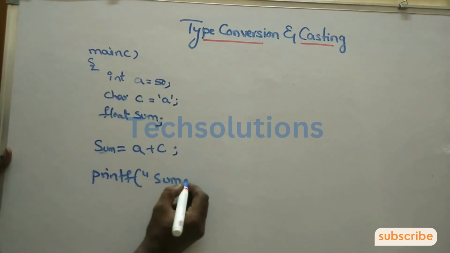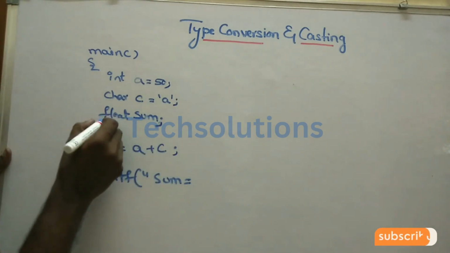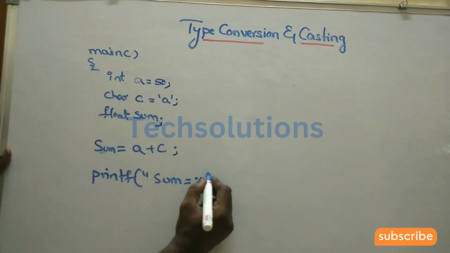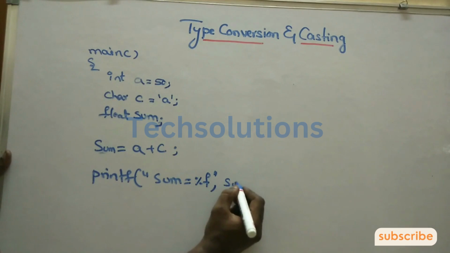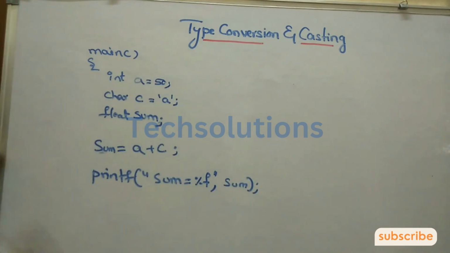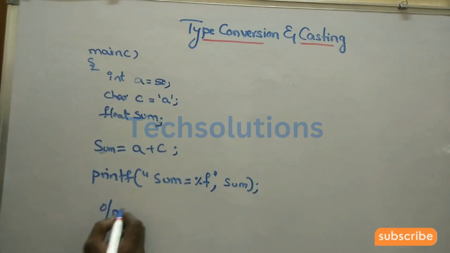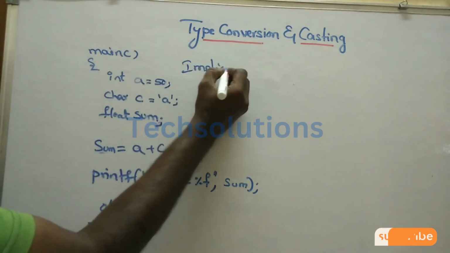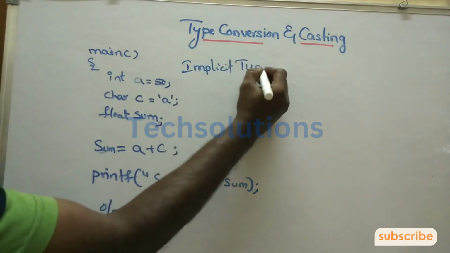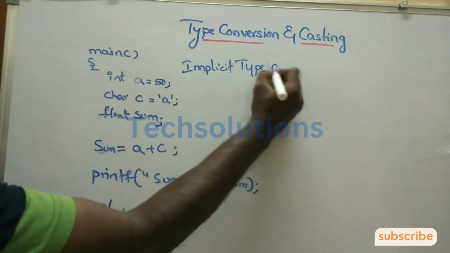Sum is a floating point variable, so I use the format specifier percentage f. The result will be stored in sum. That's all. Now what is the output for this program? Here, how will the implicit type conversion happen?